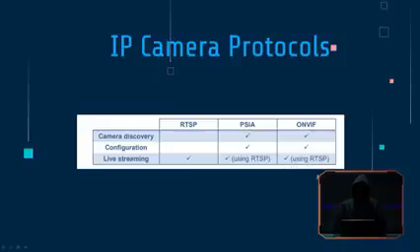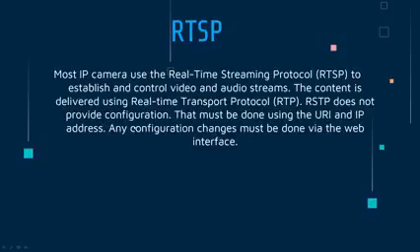RTSP is by default port 554, but a lot of the manufacturers put it on like 8554 or 5554. So it's a default of 554, but you'll find cameras on all different ports, and usually it ends in 54. So anyway, RTSP is the Real-Time Streaming Protocol.